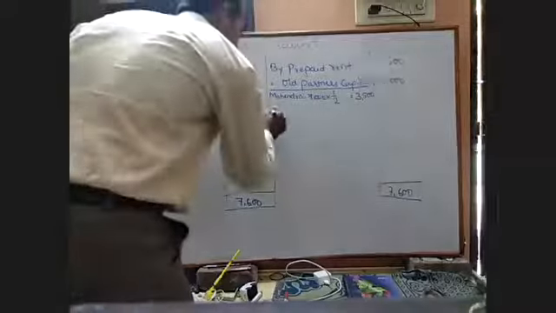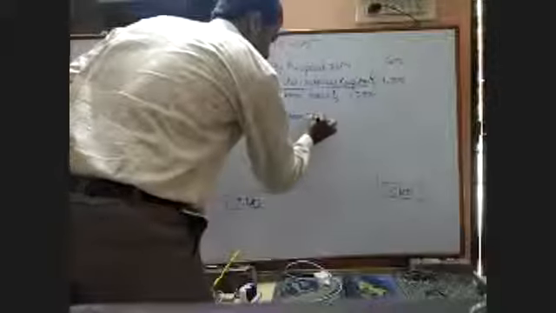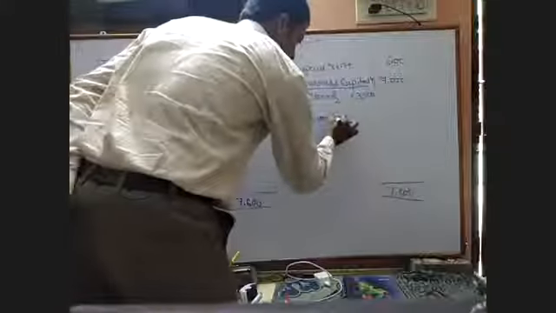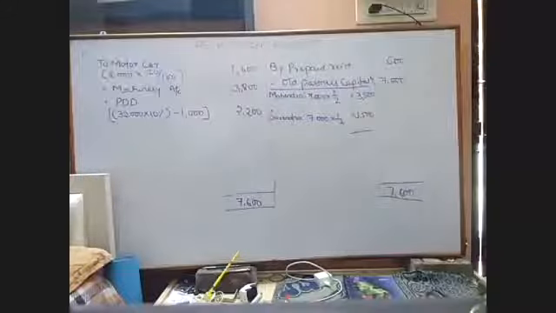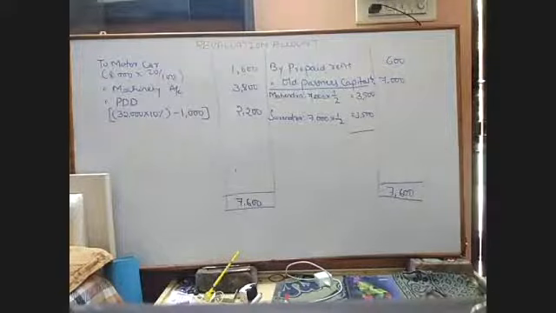And next is Surendra. Same, 7,000 into 1/2. That is also 3,500. Hope you have understood this.